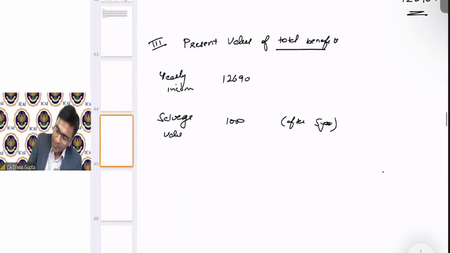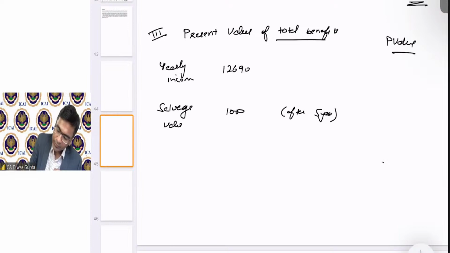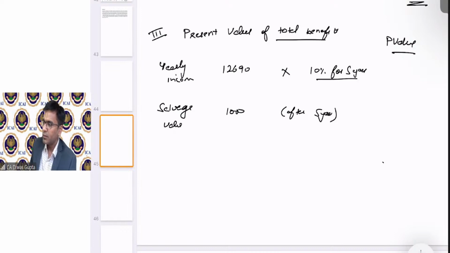So the present value will be 12,690 multiplied by the present value annuity factor of 10% for 5 years, right? The salvage value will be multiplied with the present value factor, not annuity, just simply 10% for 5 years, right?